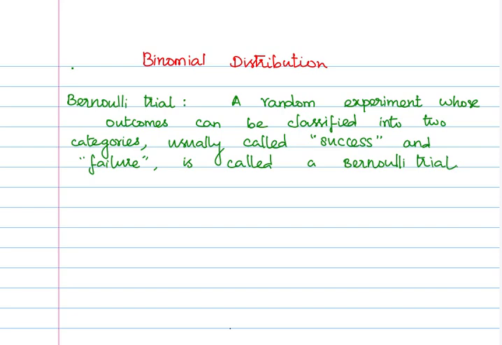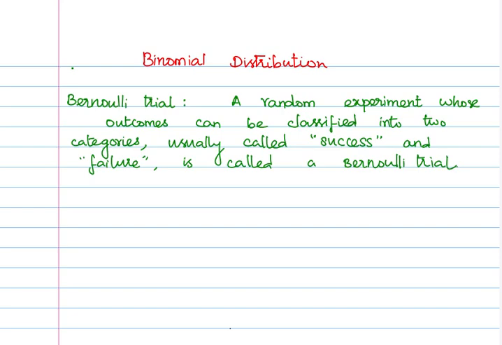An example of a Bernoulli trial is tossing a die. The outcomes can be classified as even numbers or odd numbers. If you get an even number, you consider it a success, and when you get an odd number, it is called a failure.